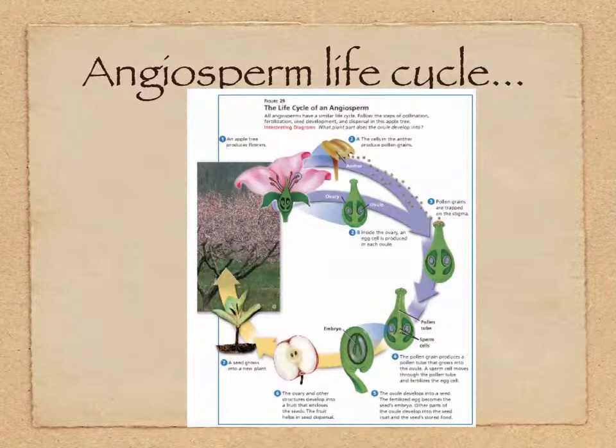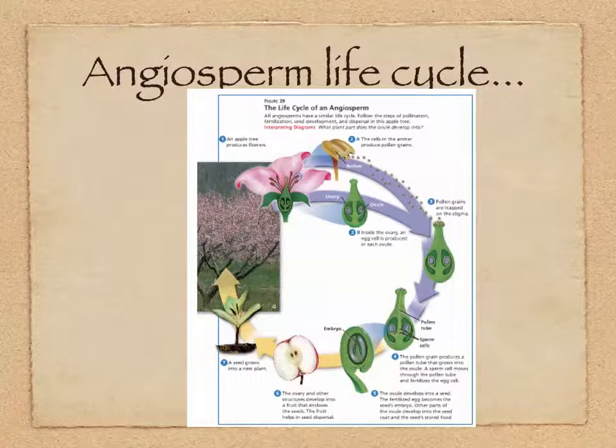Angiosperm life cycle looks very much like a gymnosperm life cycle, where the cells in the anther produce pollen grains. Inside the ovary, an egg cell is produced in each ovule, and that egg cell inside the ovule will then get fertilized with the sperm.